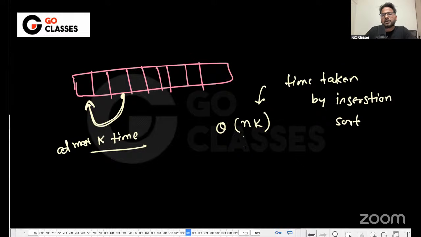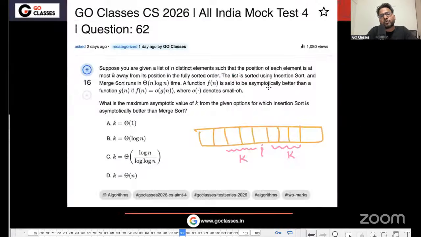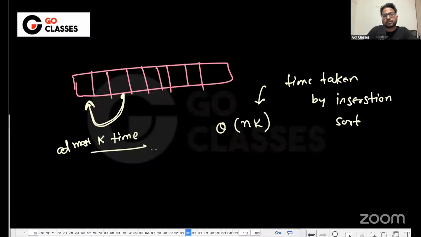Now they are saying that a function is said to be asymptotically faster than another function if it follows a small o relation, which means it is strictly lesser. They are asking for the maximum asymptotic value of k from the given options for which insertion sort is asymptotically better than merge sort. Which means nk should be strictly lesser than n log n, because this is a small o relation.